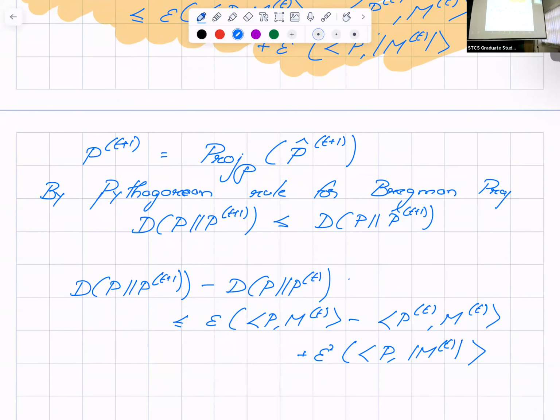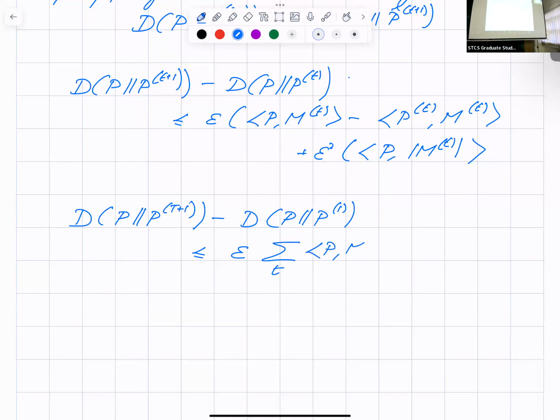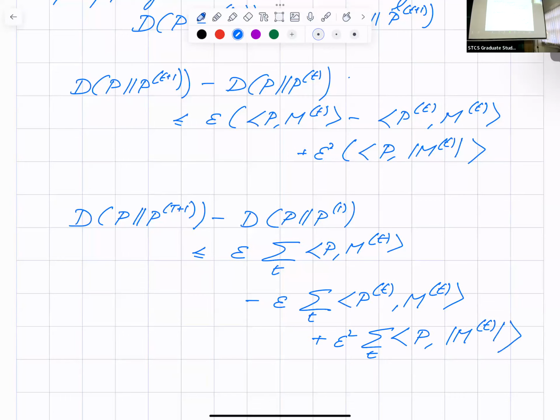So we have sort of a Taylor-like thing. So finally, what do we get? We get that D of P PT plus 1 minus D of P P1 is less than or equal to epsilon times summation over T PMT minus epsilon times summation over T PTMT plus epsilon square summation over T P. Notice this was the loss function that we cared about.